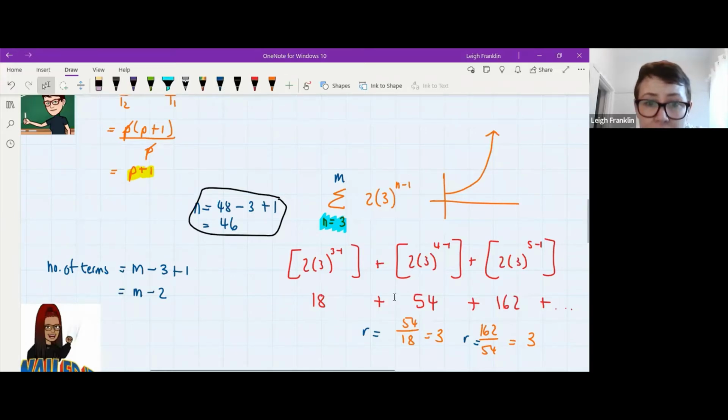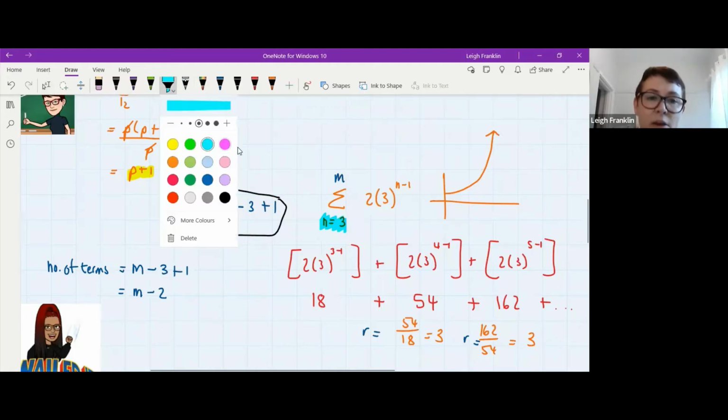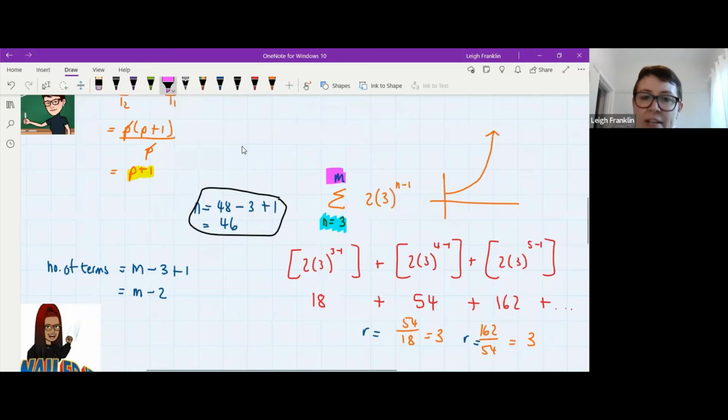Yes, ma'am. I think what happens is that a lot of people have this misconception that the number at the top represents the number of terms in the pattern, which it doesn't necessarily. It depends on where you start subbing in.